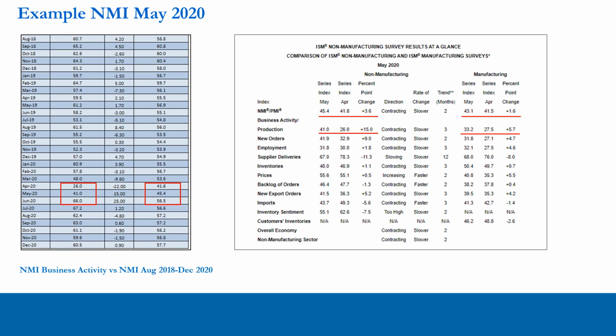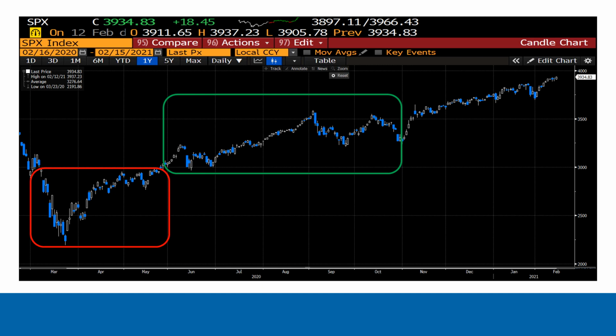Now, with a bit of hindsight, we can understand what was going on in the stock market at that time. If you recall, the COVID lows were in March, and then the market rallied pretty aggressively, and we've highlighted two areas here. We've highlighted the rebound in the markets off the lows. So the rebound in the S&P 500 off the lows up until the end of May, beginning of June.